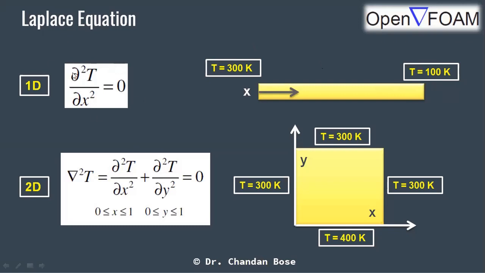So the basic equation is this, and then if we increase the dimensionality, instead of a rod it will be a plate in 2D, and it will be a cube in 3D. So basically it's the same Laplace equation, depending on the reduced domain. So either you are solving it in one dimension, or 2 dimension or 3 dimension.